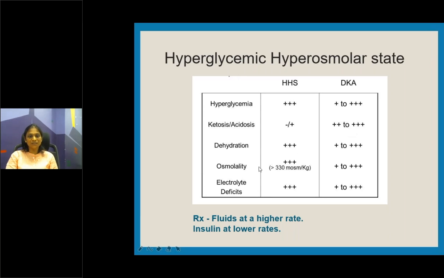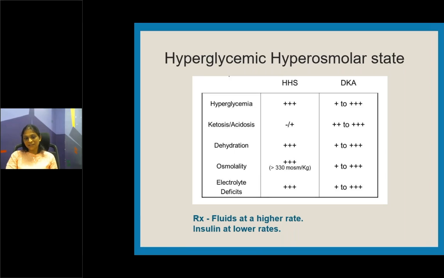The osmolality is usually above 330 milliosmoles per kg in HHS, and in DKA the osmolality is usually between 300 to 320. And the electrolyte deficit is also prominent in HHS compared to DKA. There is a significant drop in sensorium or profound lethargy or obtundation in HHS when compared to DKA. Here the treatment is totally different.